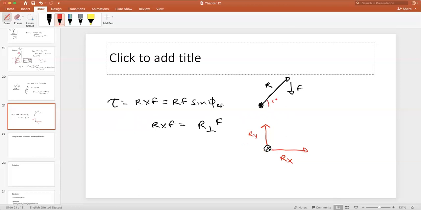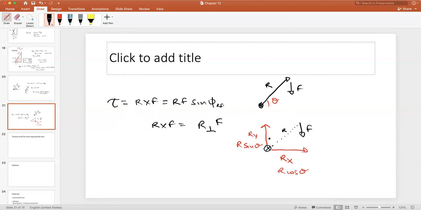If this angle is theta, then this is R sine of theta, and this is R cosine of theta, and this is still R, and this is still F.